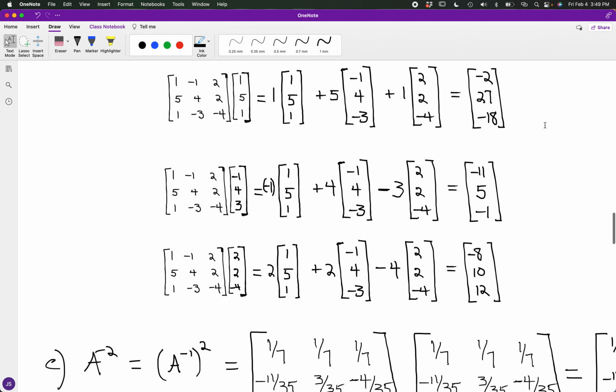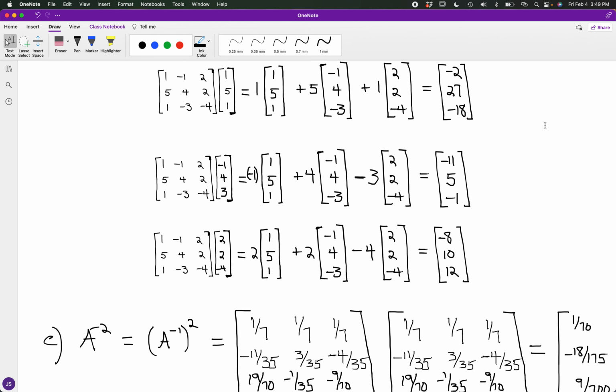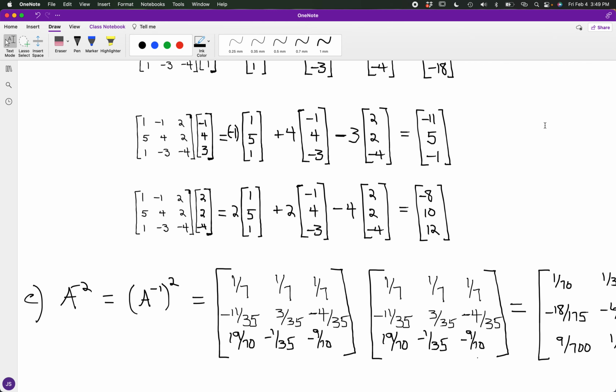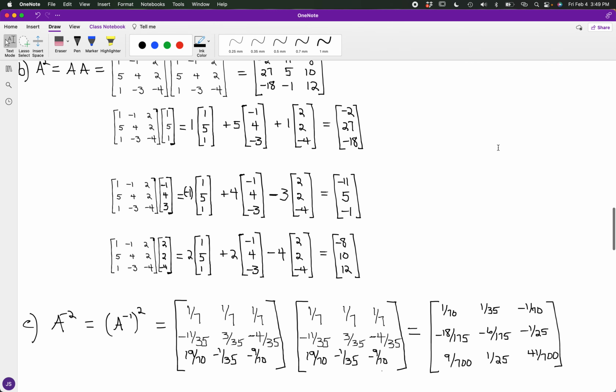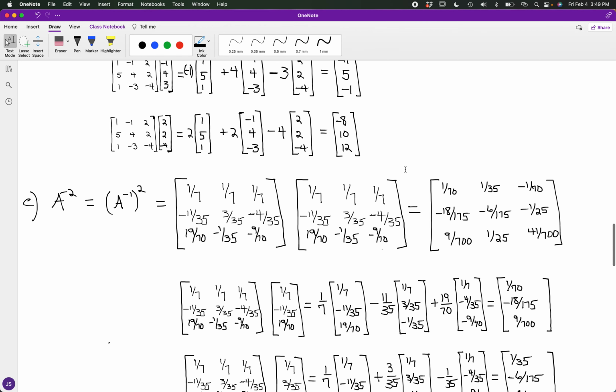Now looking at the square of the inverse of A, A to the negative 2 can be regarded as the square of the inverse. And again, we had the inverse with these small fractions, and there was a lot of work involved in this.